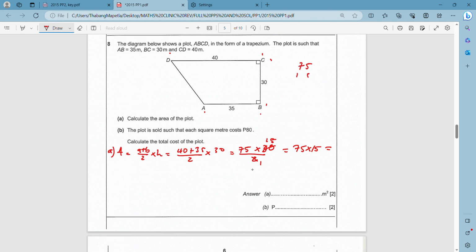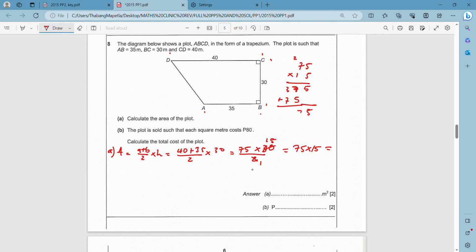75 times 15. Multiplying 5 times 5 is 25. 5 carry 2, then 5 times 7 is 35. 35 plus 2 is 37. And then 1 times 5 is 5. 1 times 7 is 7. Add those ones. 5, and then 7 plus 5, 7 plus 3 is 10, plus 2 is 12.